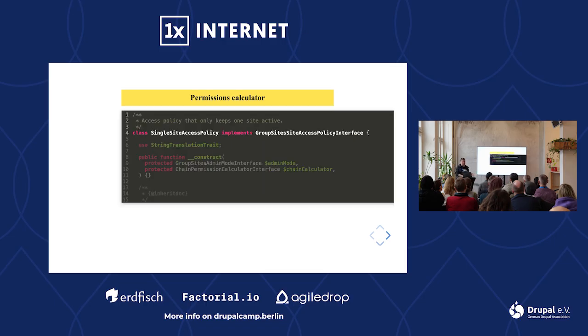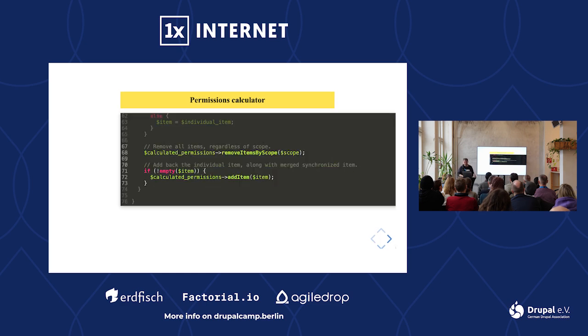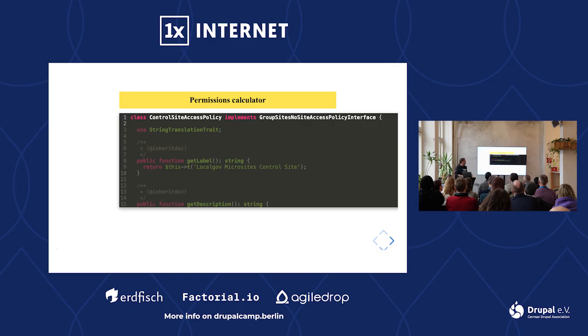So you can have a single site access policy. As I say, he only looks at the individual ID and removes all the others and adds his thing in. By doing that and making it pluggable, I didn't mention, but right at the beginning, we had this control site, but people still had the permission to create content on it.